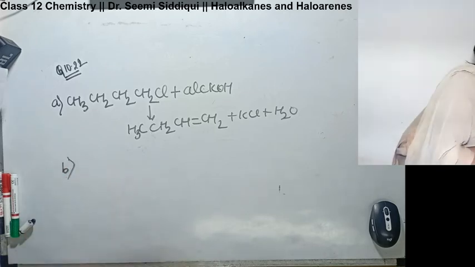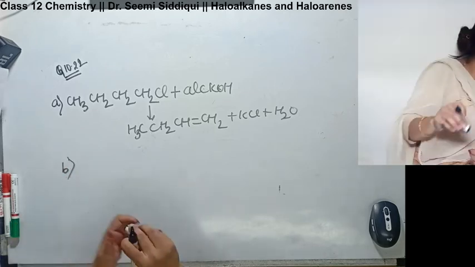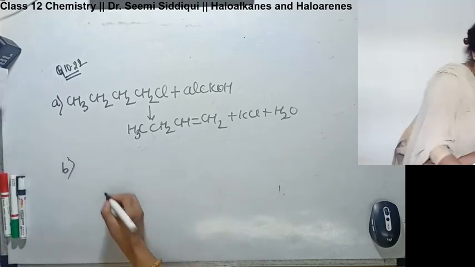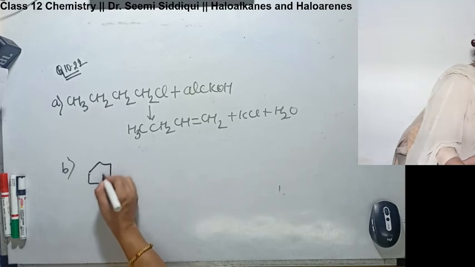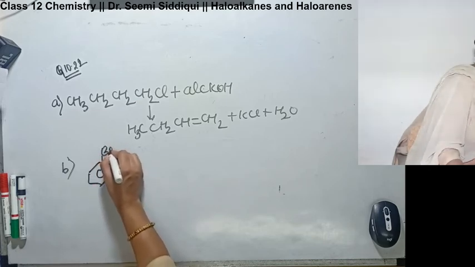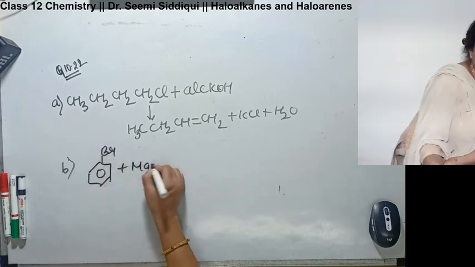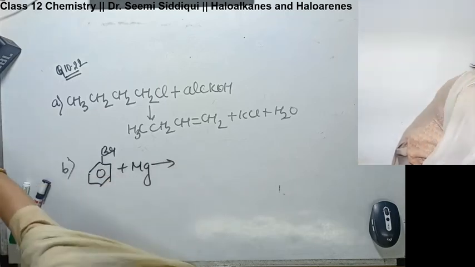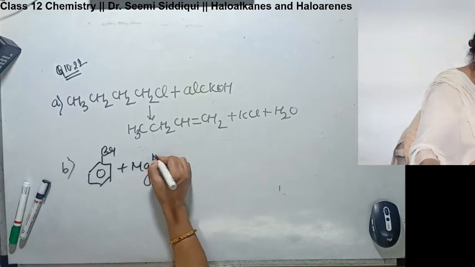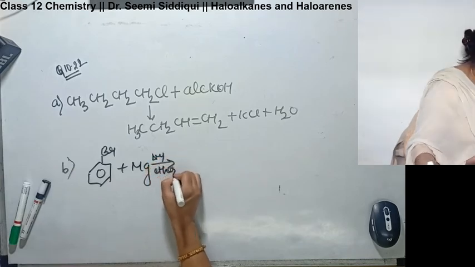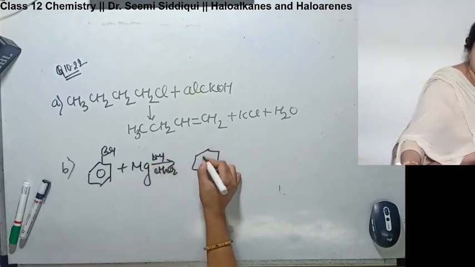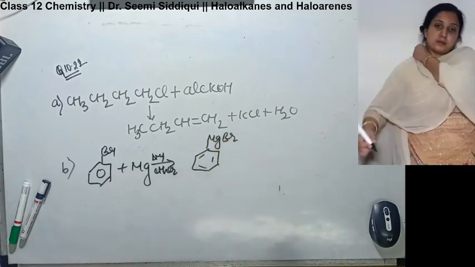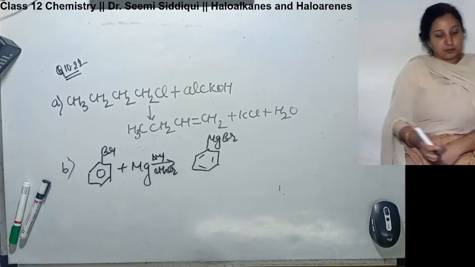B says bromobenzene is treated with Mg in the presence of dry ether. Plus Mg in the presence of dry ether, ये आपका ग्रिग्नार्ड रिएजेंट बन गया, फिनाइल मैग्नीशियम ब्रोमाइड.